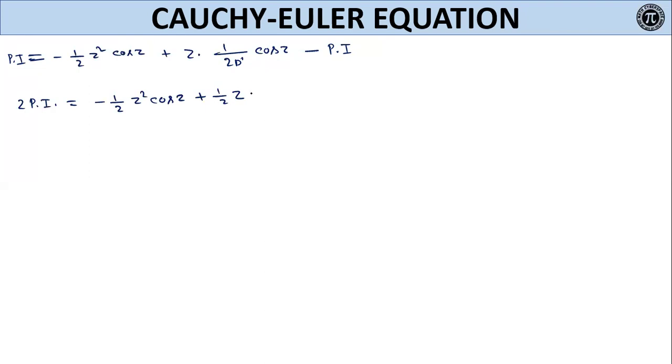That means integration of cos z, so this will be sine z. Okay, so finally you are getting 2 into pi equals minus half z square cos z plus half z sine z. So what is pi? Pi is equals to minus 1 by 4 z square cos of z plus 1 by 4 z sine of z.